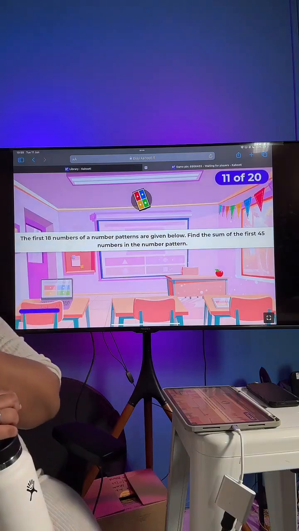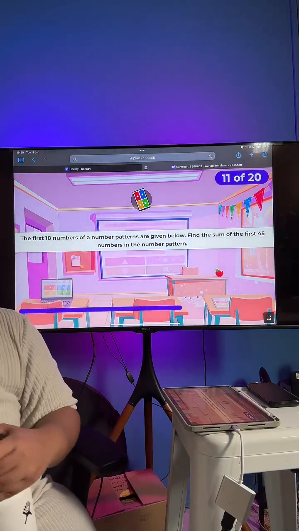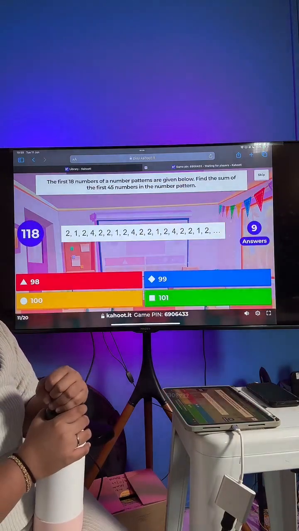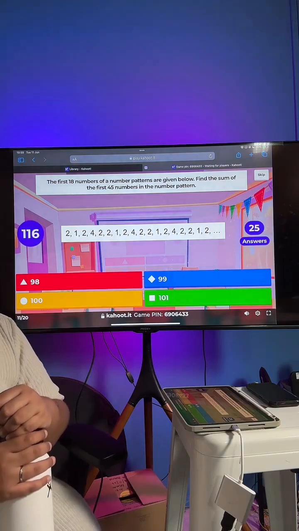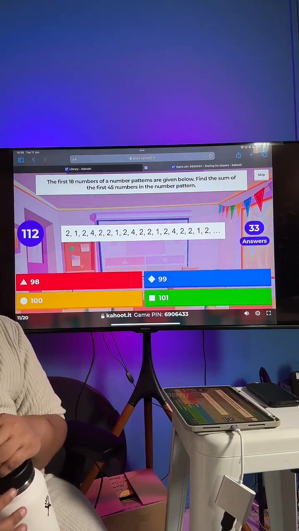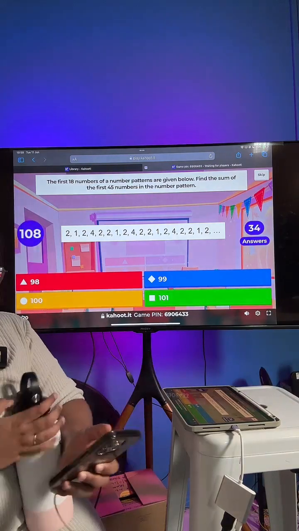Next question. Number patterns question. Okay, number patterns question. You want to find the sum of the first 45 numbers.